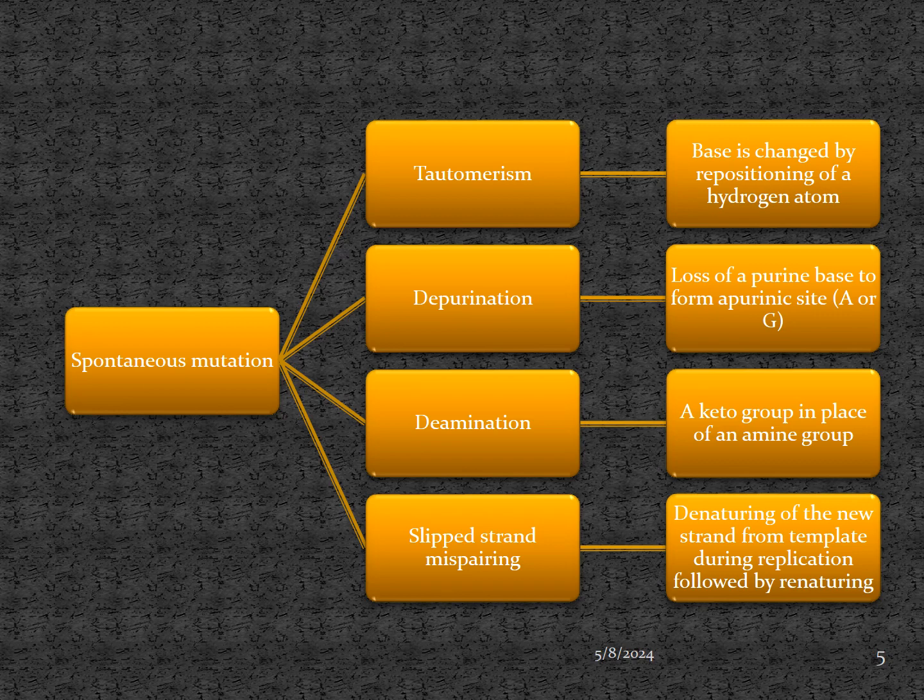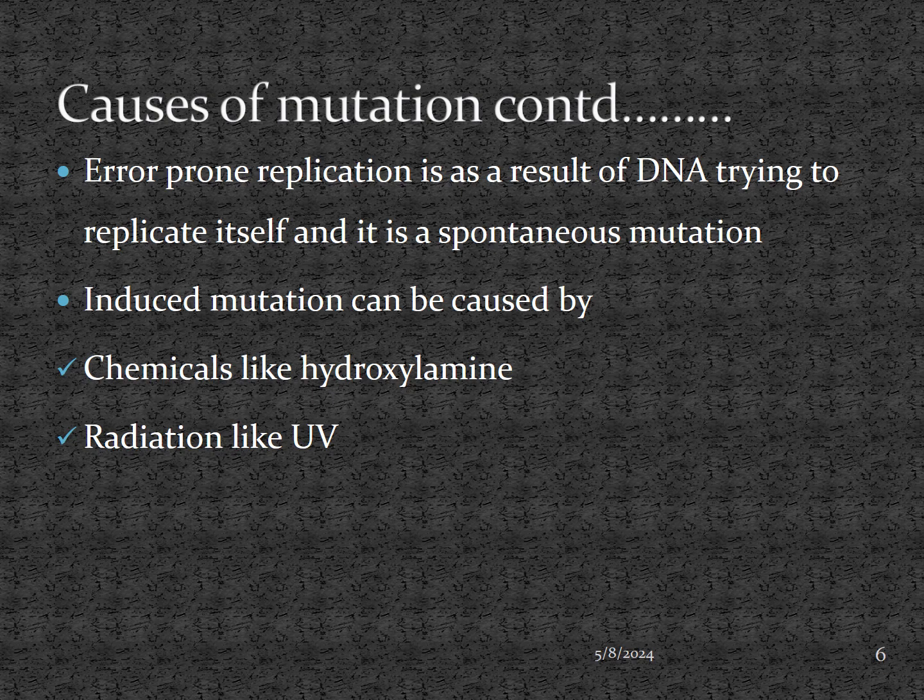Tautomerism is as a result of repositioning of the hydrogen atom, while depurination is as a result of the purine base being lost to form apurinic sites. Then for deamination, the keto group is replaced by an amine group in the DNA sequence. Then for slip strand mispairing, we have the denaturing of new strands from the template during replication.